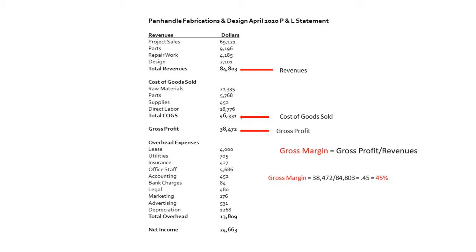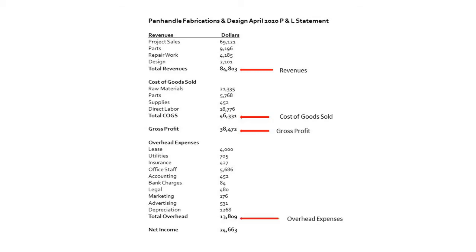Below the gross profit line comes another set of expenses that we call the overhead expenses. And basically, these are the expenses that we incur in order to put together the infrastructure needed to run our business. These expenses don't particularly refer to any given sale, but they're required in order that we can make sales at all.